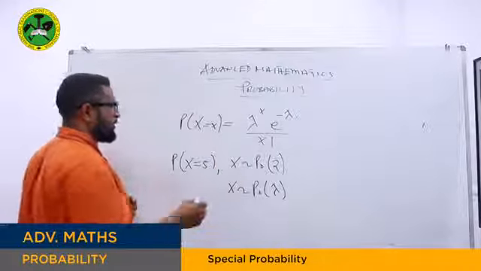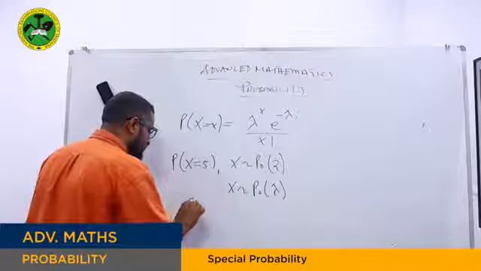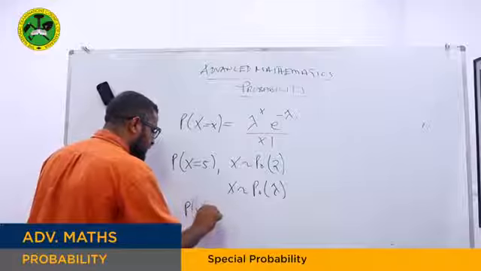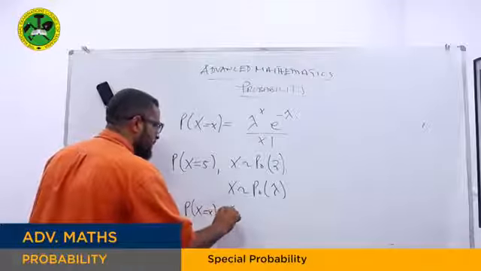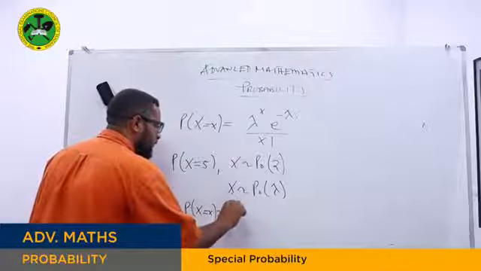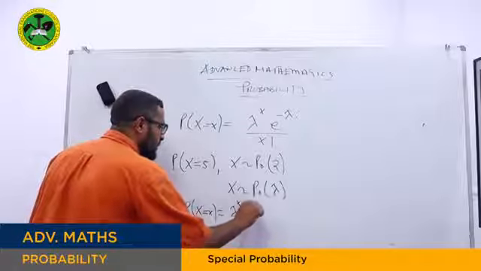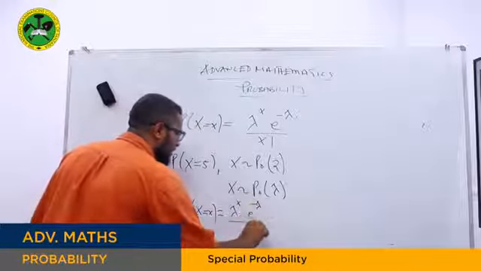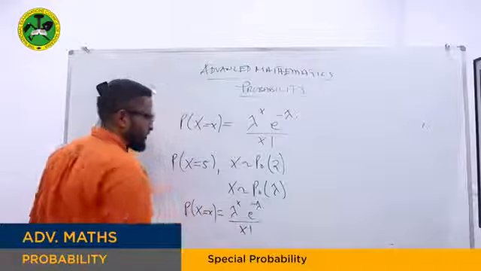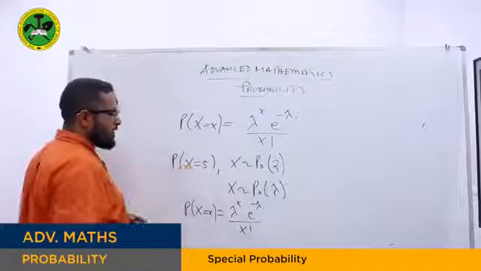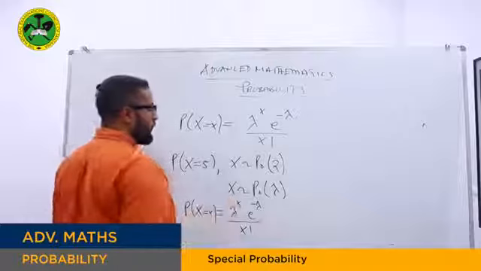Now let's go to the formula. The formula is P of x equal to x is given by lambda, which is our mean, to the power of x, e to the power of negative lambda divided by x factorial. Our x here is 5, but you are given mean of 2.